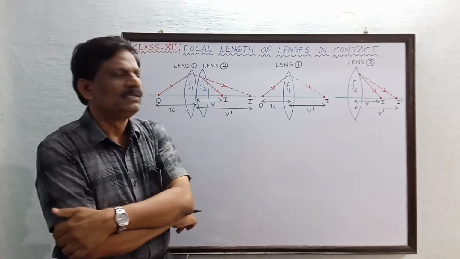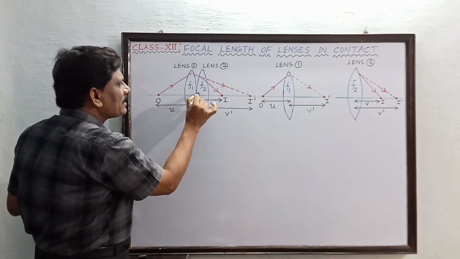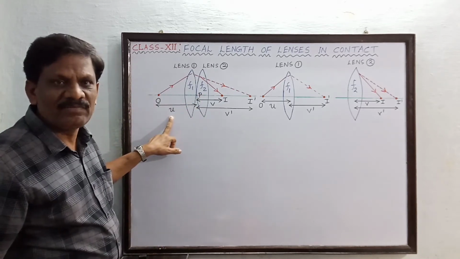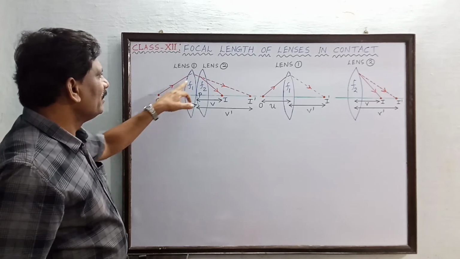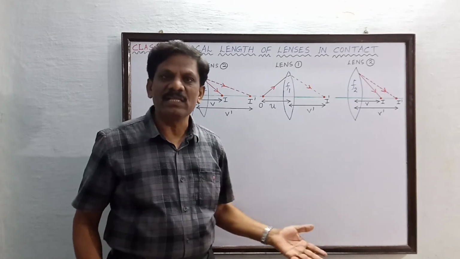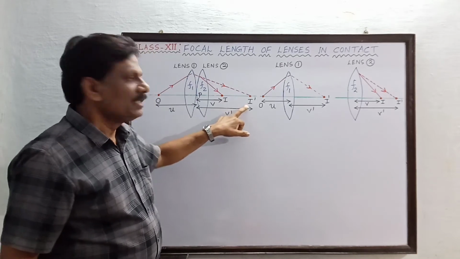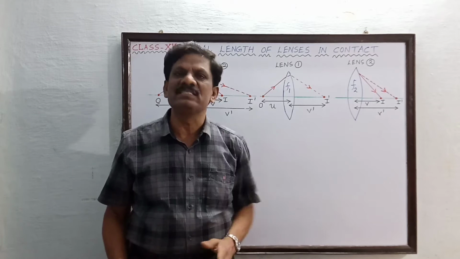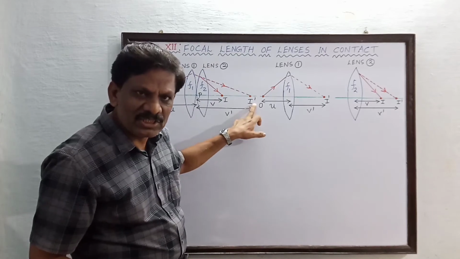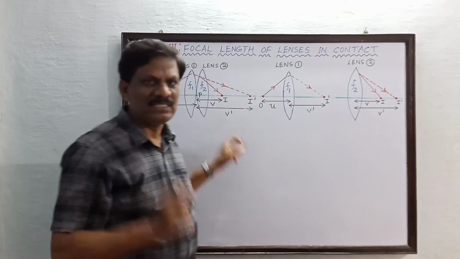Okay. Now you can see that from this point P, let us say, which is the contact point between the two lenses, the object is kept at a distance of u. So when a ray of light falls on the first lens, the image of O must be found on the other side at a position I dash. I dash is the image produced by the first lens for an object O. Therefore, the distance from I dash to the point P, the point of contact, must be equal to the image distance.